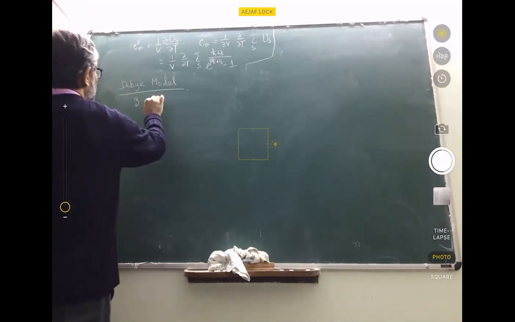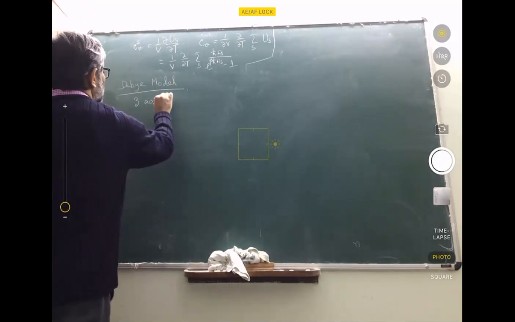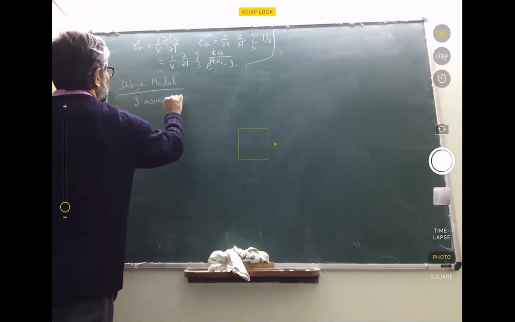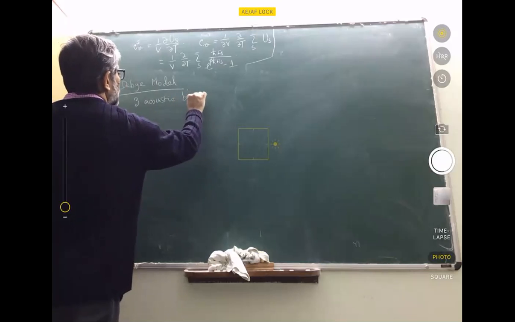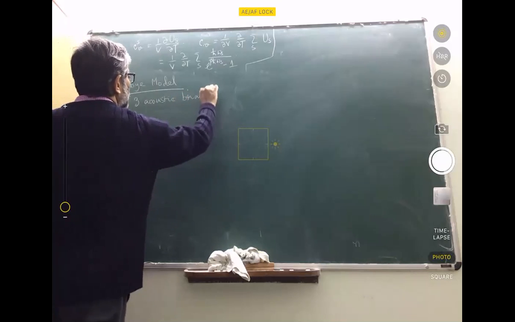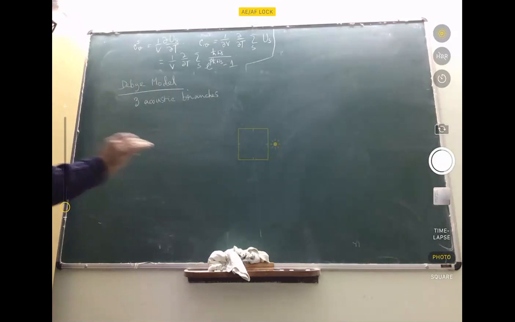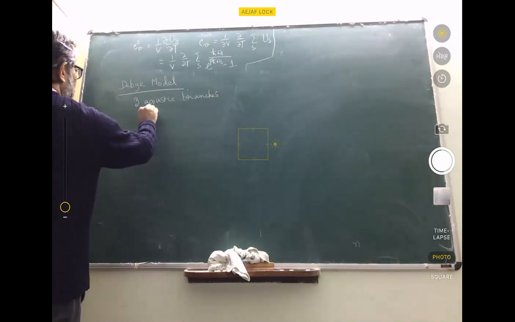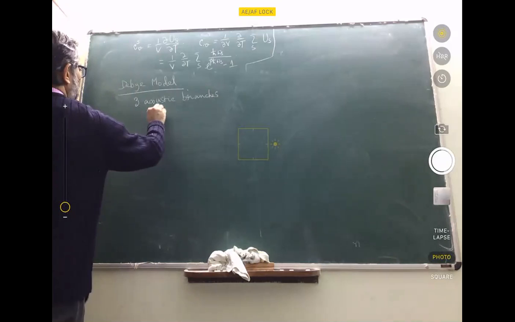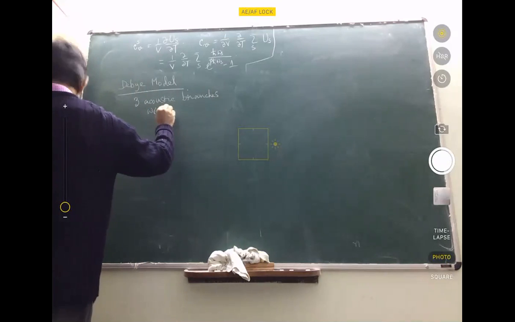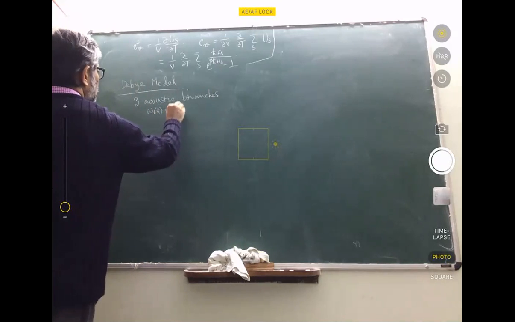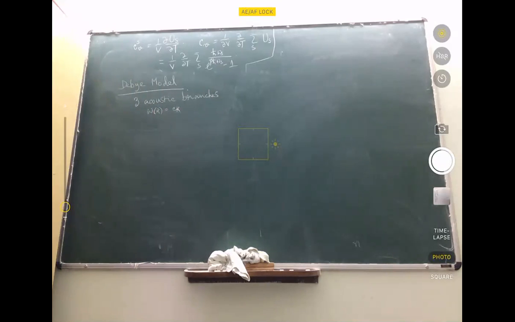You take the 3 acoustic branches, and for the entire range of k values, you take a linear dispersion.